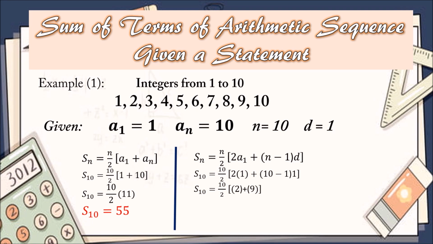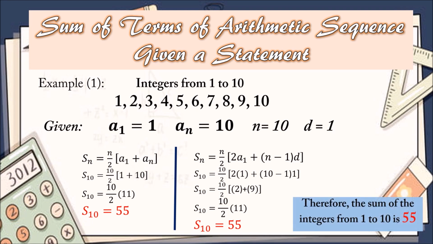So we will have S of 10 is equal to 10 over 2, open bracket, 2 plus 9. So we will have S of 10 is equal to 10 over 2 times 11. The result is the sum of the terms, integers from 1 to 10 is equal to 55. Therefore, kahit alinman sa dalawang formula ang inyong gagamitin, pareho po ang magiging resulta.